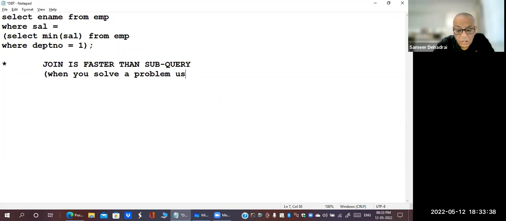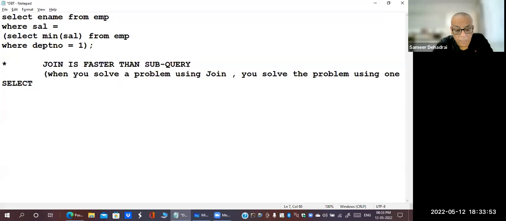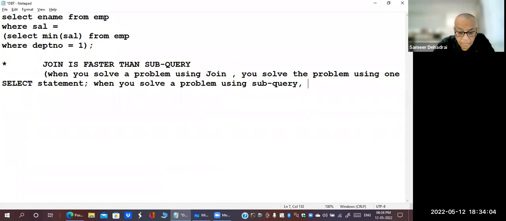When you solve a problem using join, you solve the problem using one select statement. Whereas, when you solve a problem using subquery, you require 2 or more select statements.